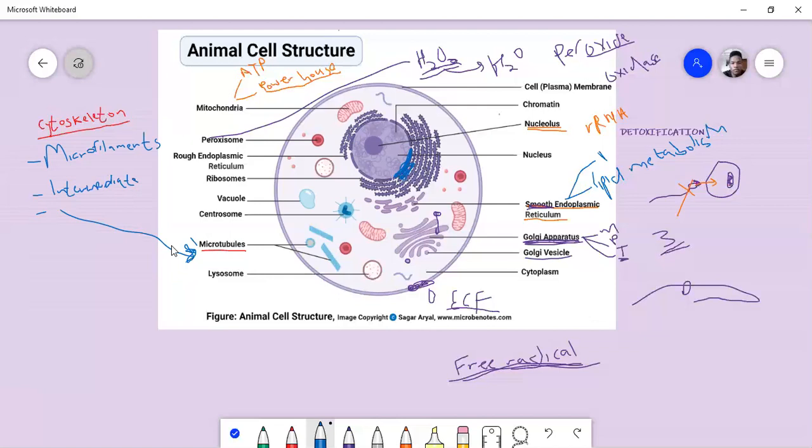Your microfilaments are responsible for cell motility and producing changes in shape. So when we speak about cell motility, cell movement, that is where your microfilaments come into play.